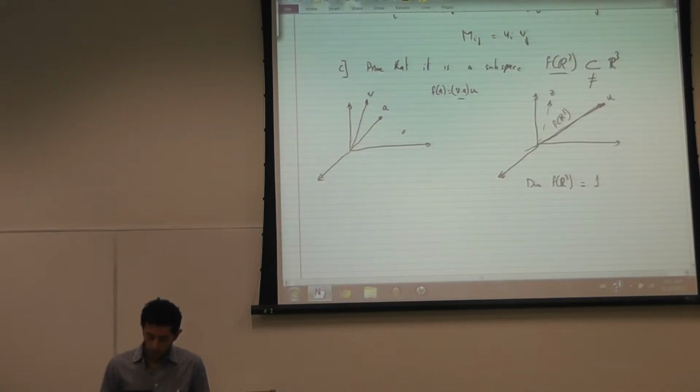Now, F of R3 is equal to a number multiplied by u. It's always equal to a number multiplied by u.